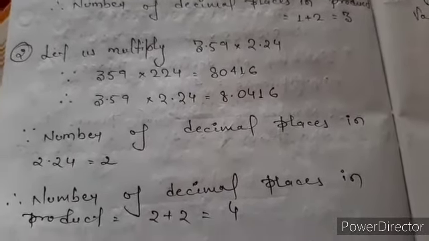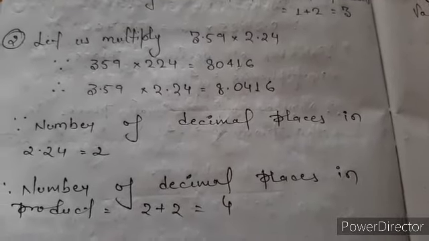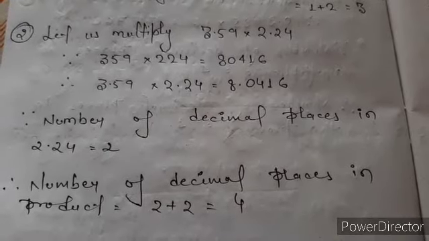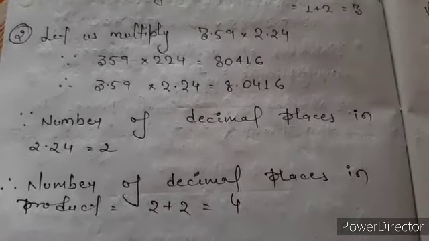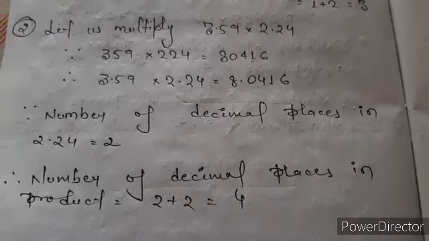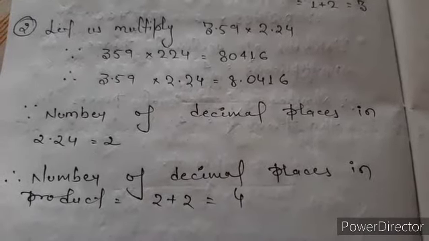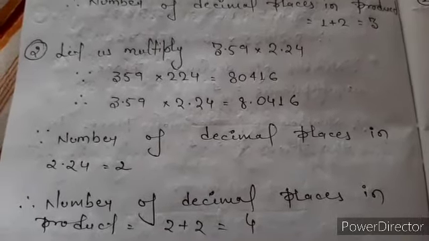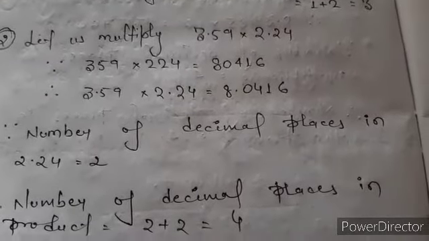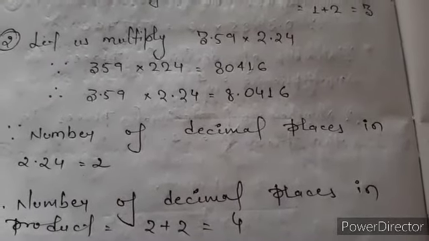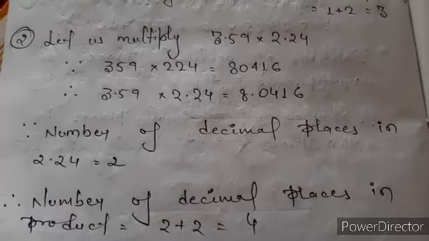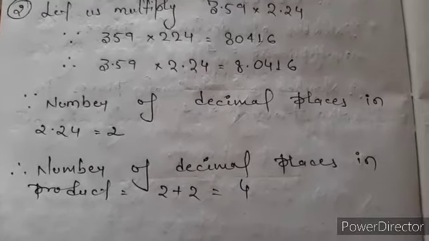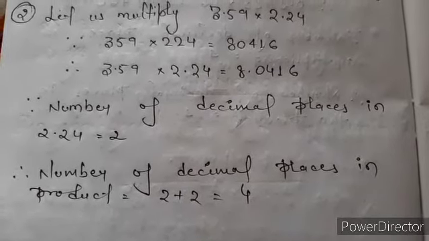Since the number of decimal places in 3.59 is equal to 2 and in 2.24 is equal to 2, the number of decimal places in the product is 2 plus 2 is equal to 4. The sum of the number of decimal places in the multiplicands is 4, so we put the decimal 4 digits before the end. That means 8.0416, the decimal places are of 4 digits.